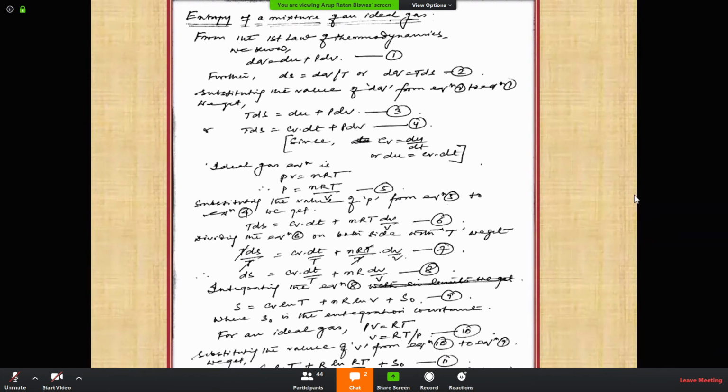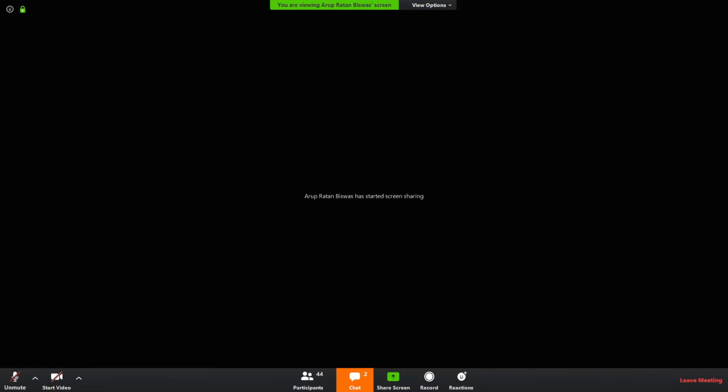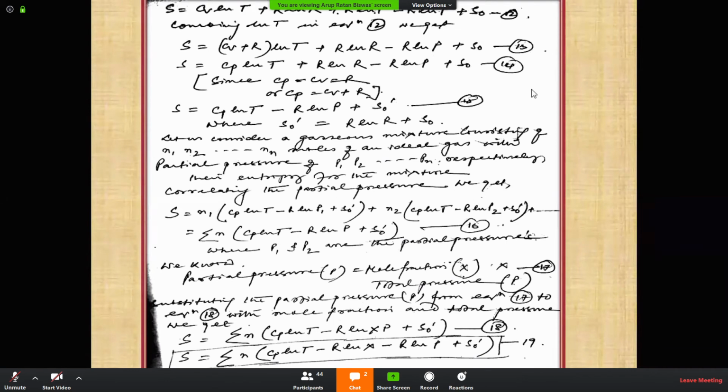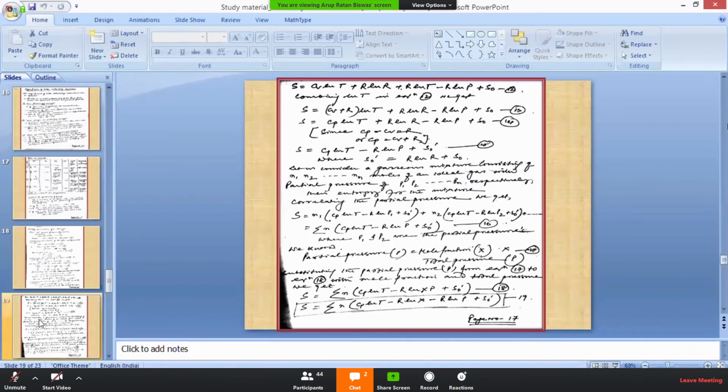I think there's some problem. Can you see from this position if I don't make it full screen? Is it okay?